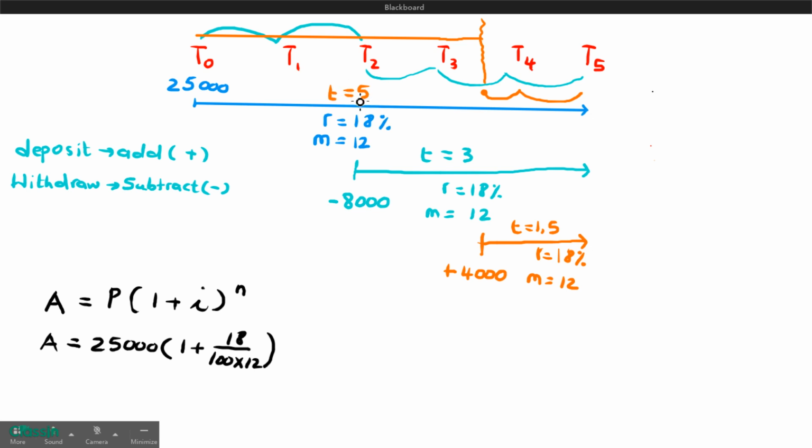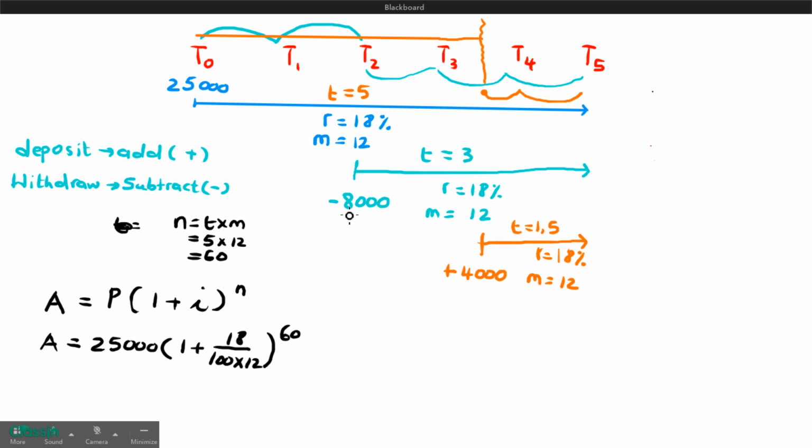Then we know that N is equals to T multiplied by M, which is 5 multiplied by 12, which in this case will get 60. Then you write 60 there. That is the first blue line. The information here, the first blue line.